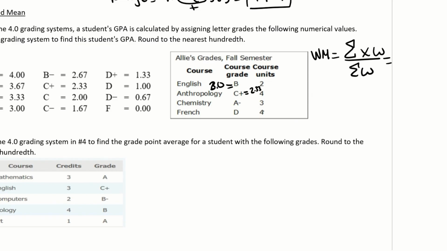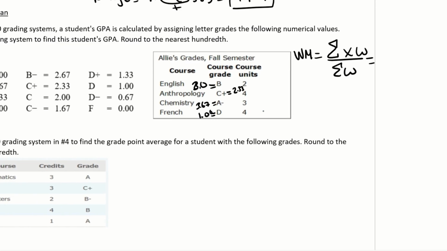A minus is 3.67, and the D is simply a 1.0. So we're going to use those for the grades, the score X, and the weights are the course units.